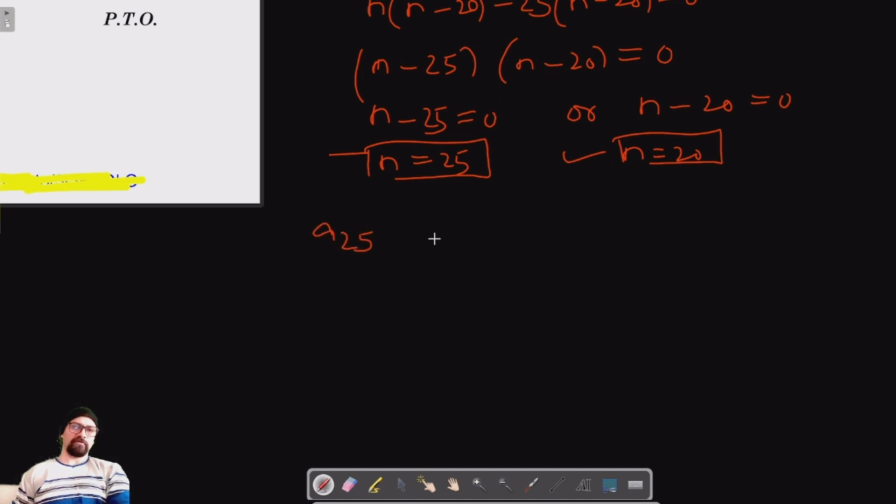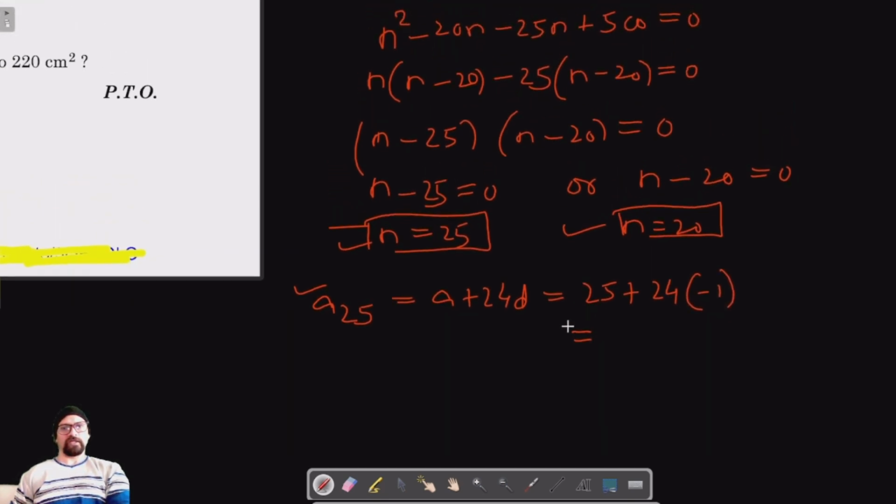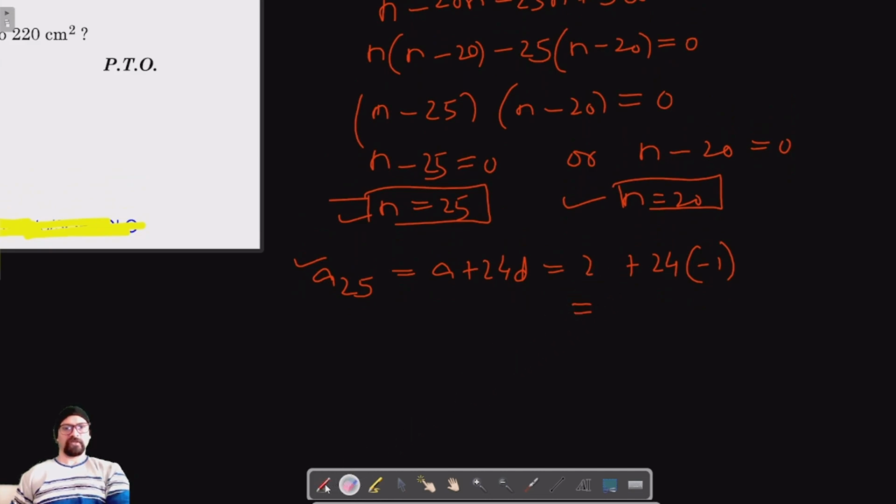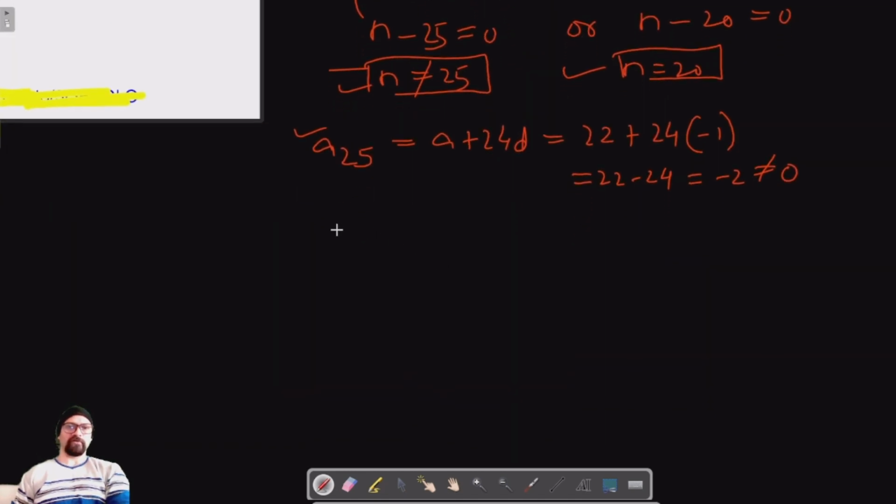If the number of rows is 25, then in the 25th row we will have a plus 24d logs. So this is 22 plus 24 into negative 1, which is negative 2, which is not possible. So n is not equal to 25.